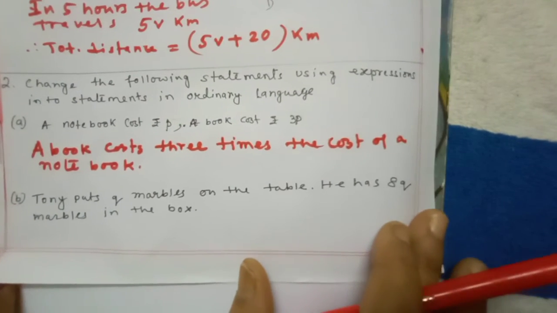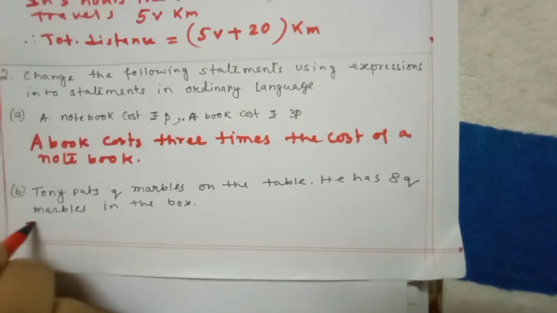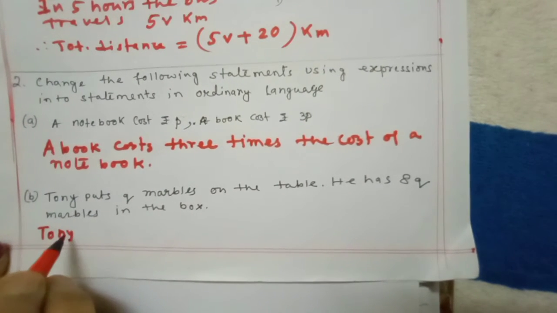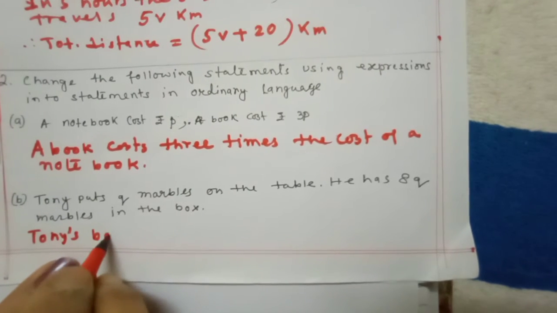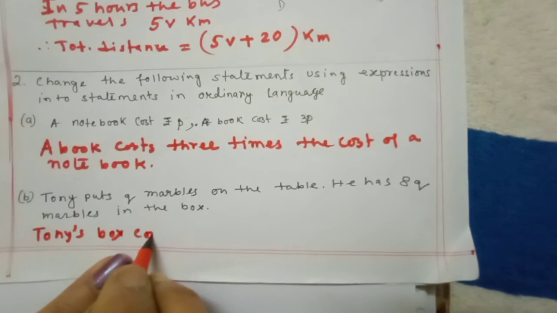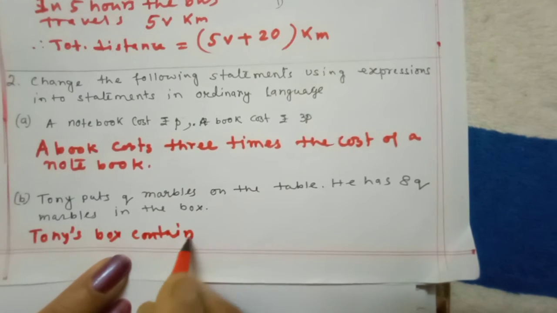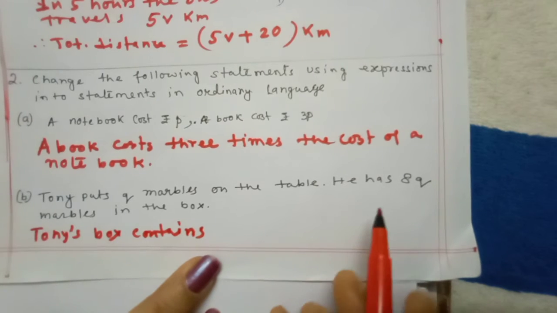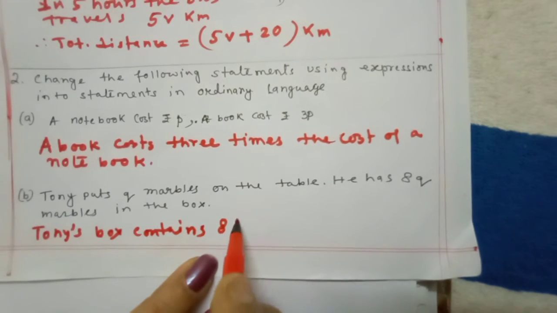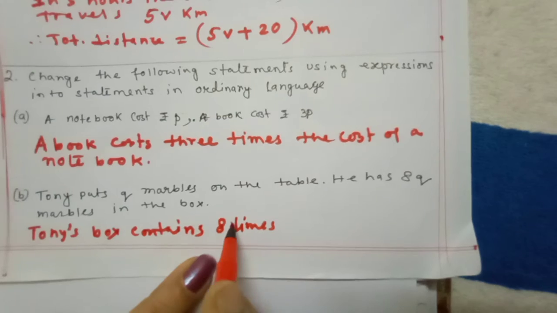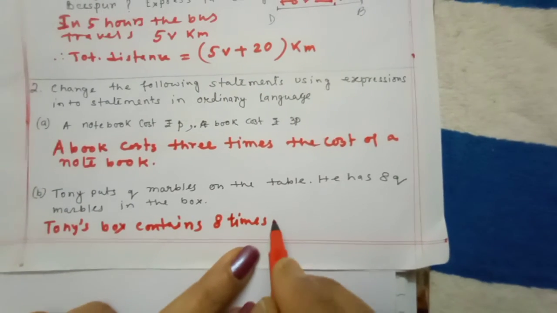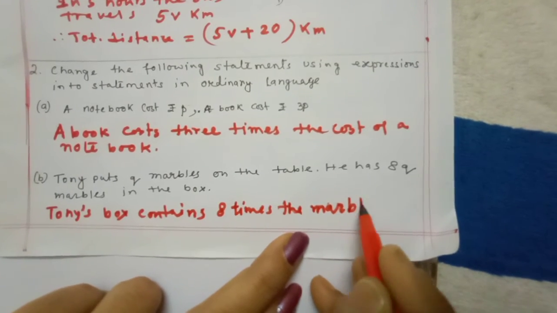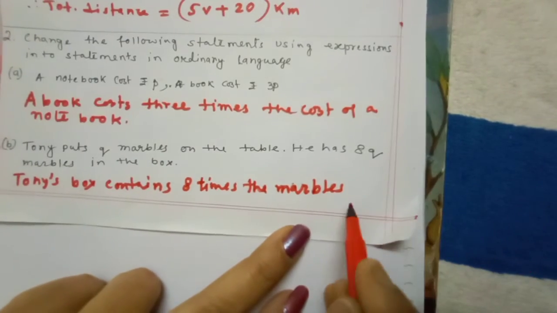Tony's box contains 8 times the marbles on the table.